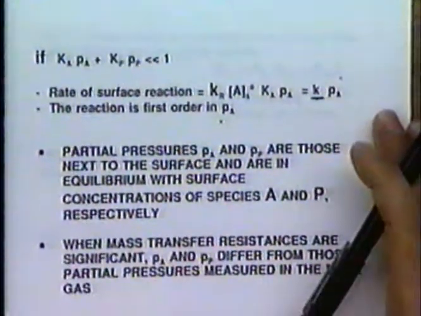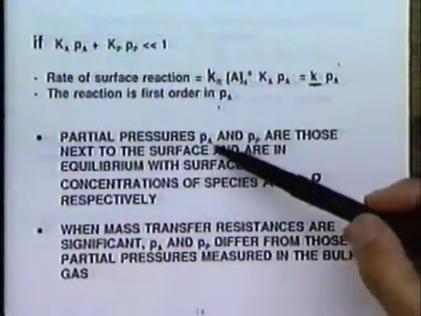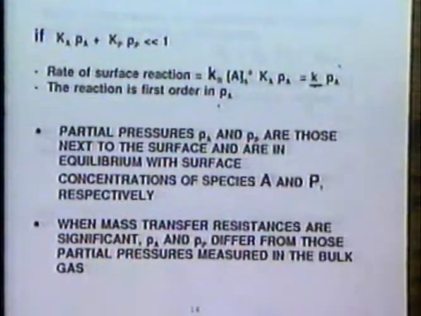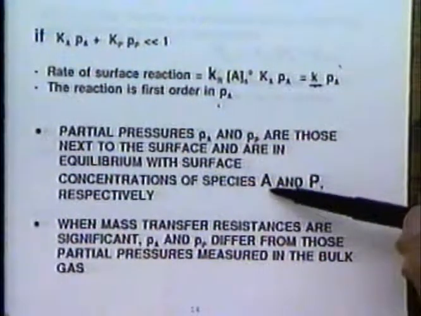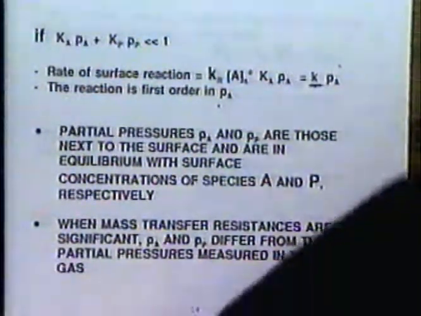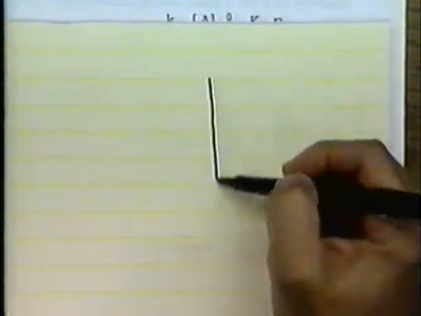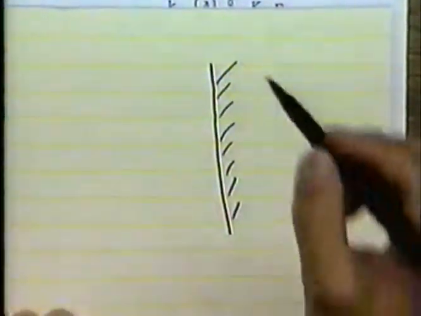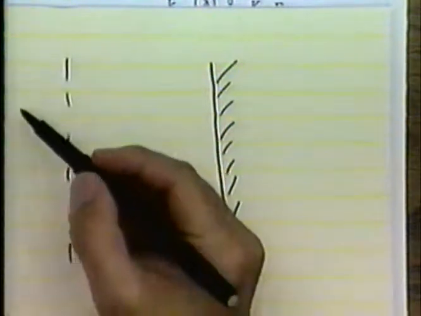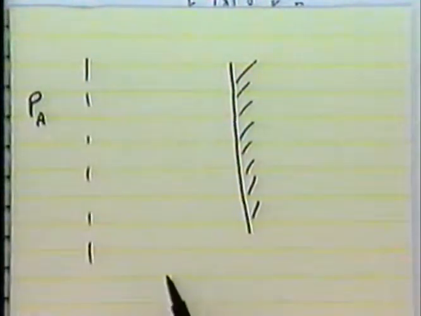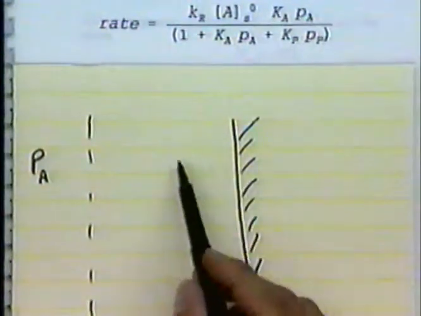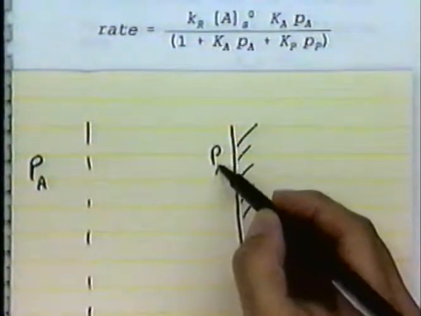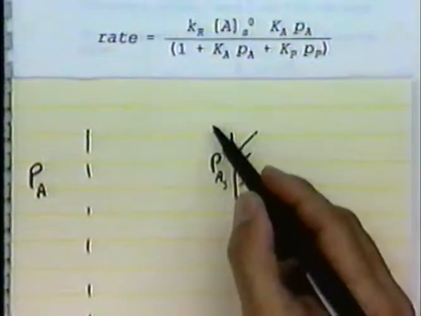Now, one point that I want to make clear is that the partial pressures PA and PP are those next to the surface and are in equilibrium with the surface concentrations of species A and P. This means that if we have our solid surface, and we have the main flow here, and this is PA here, the partial pressure which will be at equilibrium with the surface will be PAS right here next to the surface.